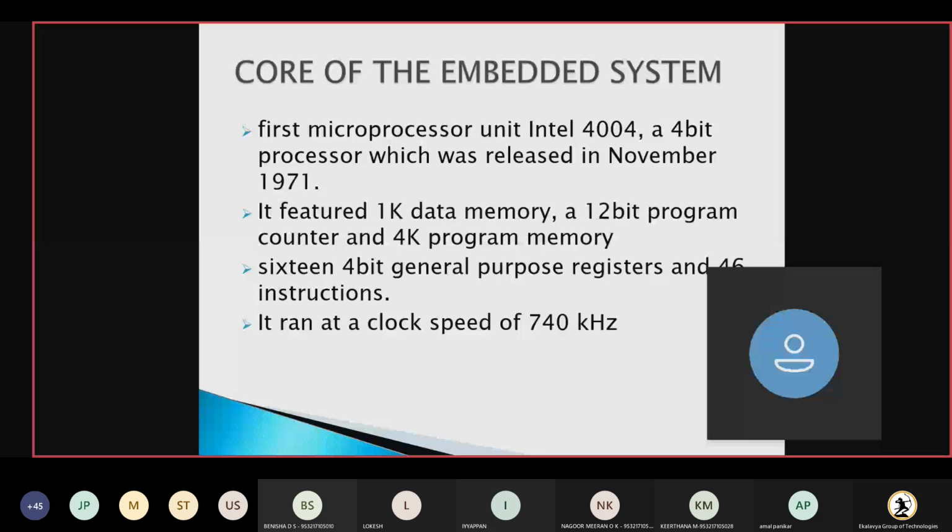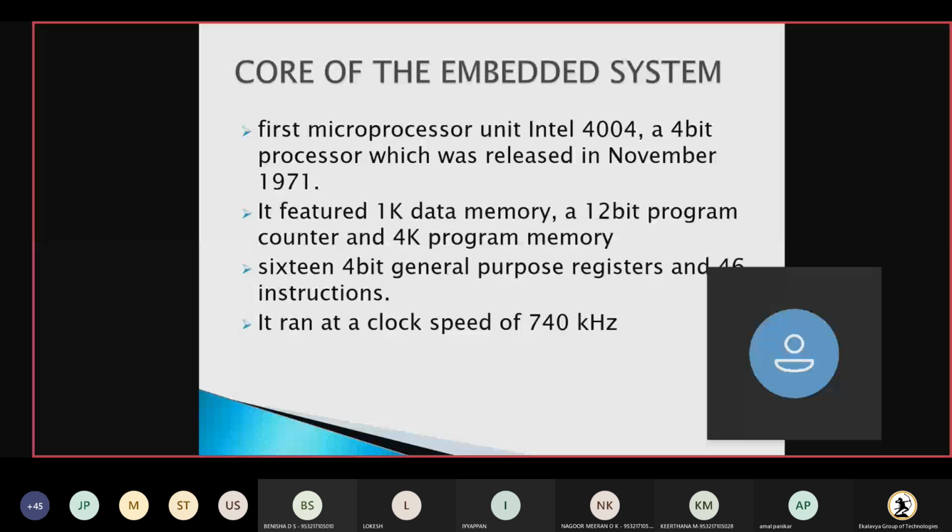It runs at a clock speed of 740 kilohertz.